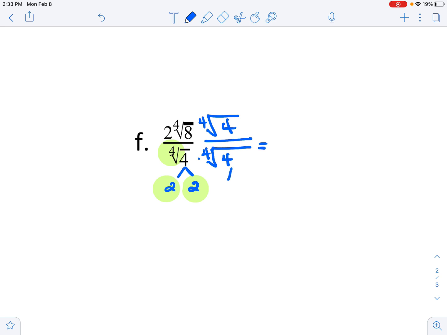Now, that gives me 1, 2, 3, 4 twos. So a 2 can come out of the radical and come out into the real world.